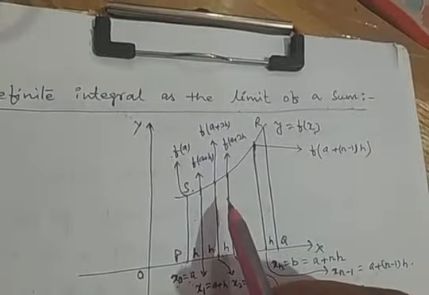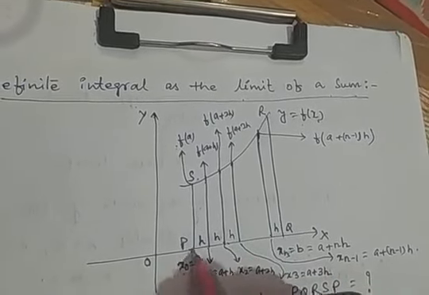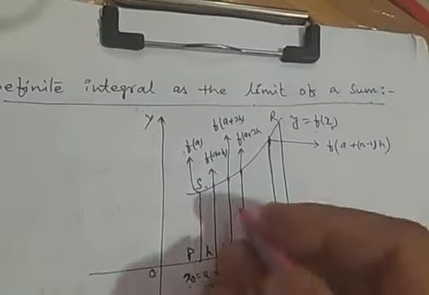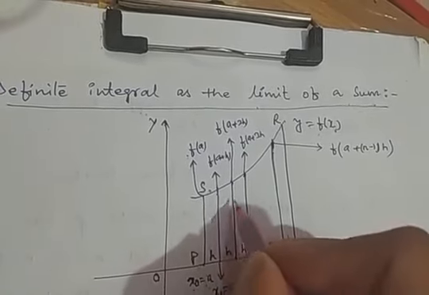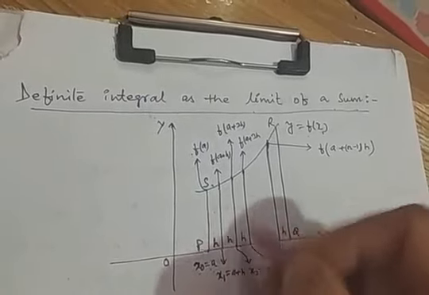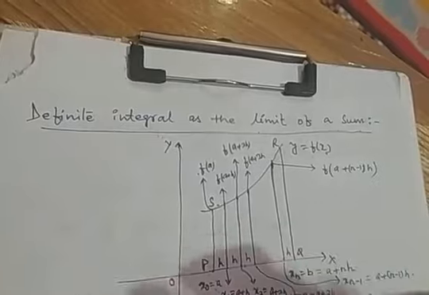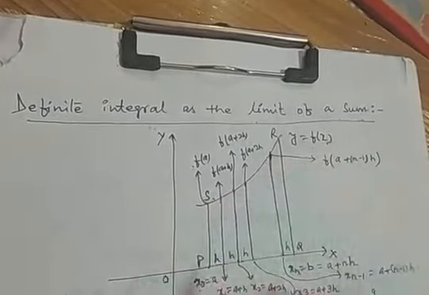Here, for finding the area of the region PQRS, first of all we have to find the area of each rectangle part, and after that we have to add them for finding the area of this region.